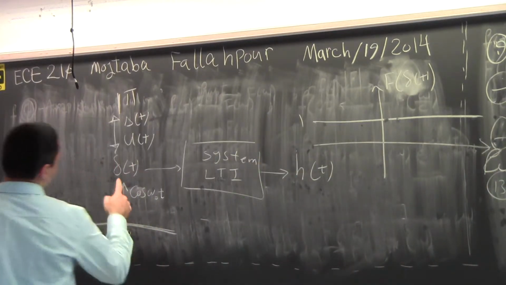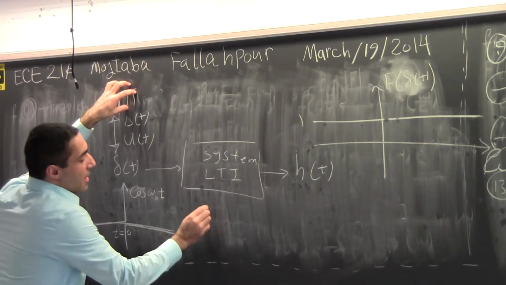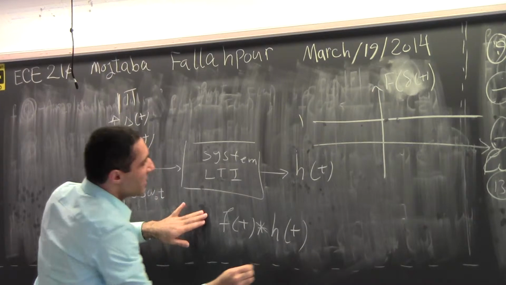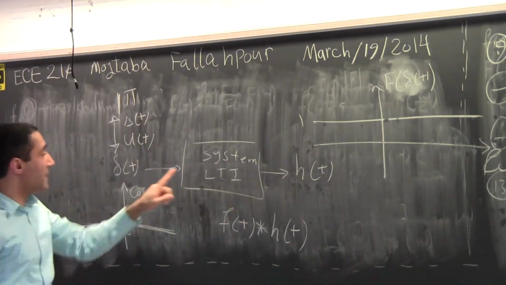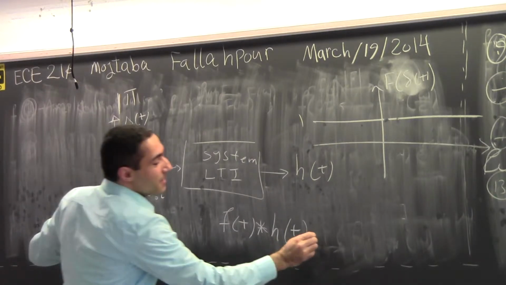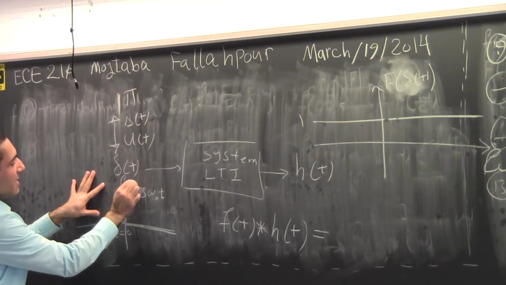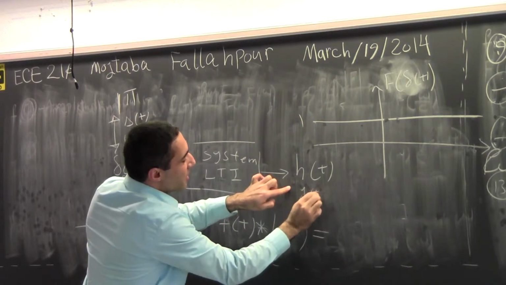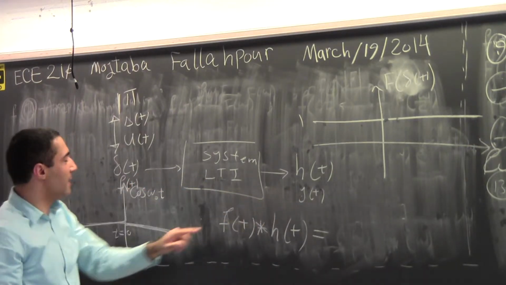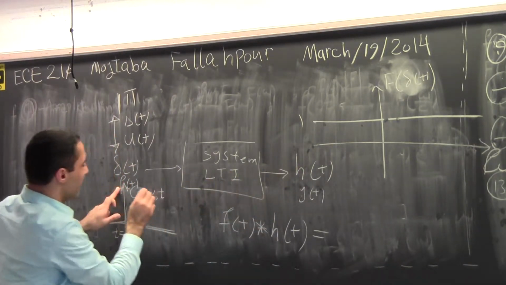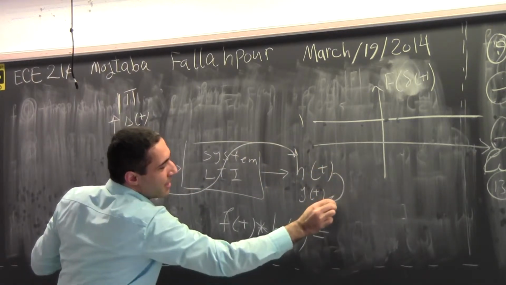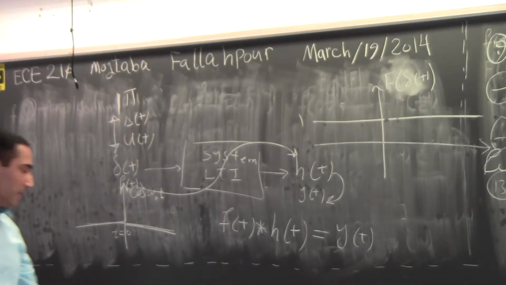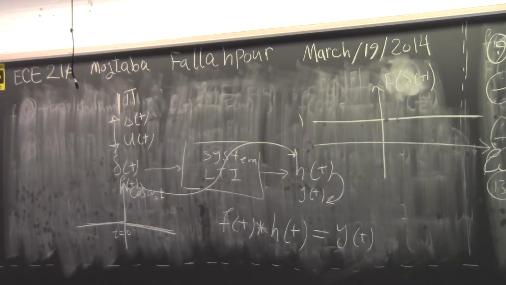And it's a mathematical derivation that if you have any signal f t, and you convolve it with h t, the response of the system to one delta t, now instead of delta t, I'm using f t, and what I'm getting is y t. So f t convolved with this h t provides this y t. Always true, as long as you have an LTI system. That's why we need convolution theory.